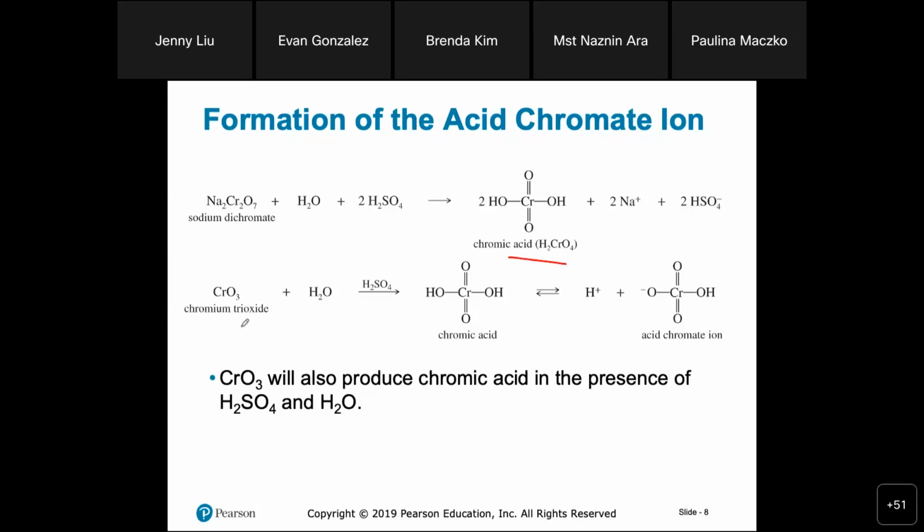And then chromium trioxide reacts with water. So if you have sodium dichromate, or chromium trioxide, it can react with water in the presence of sulfuric acid to make chromic acid, which ultimately forms the acid chromate ion, since it can dissolve in water and ionize. So chromium trioxide will produce chromic acid in the presence of sulfuric acid and water.